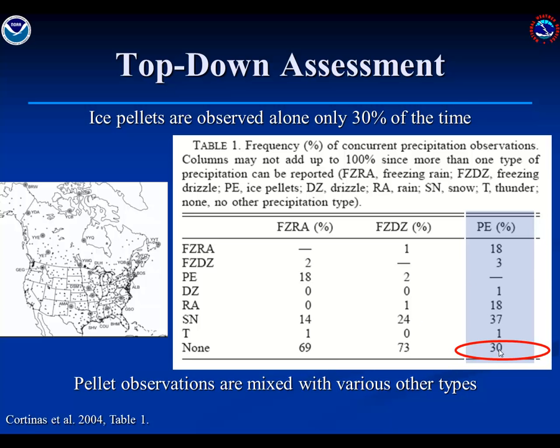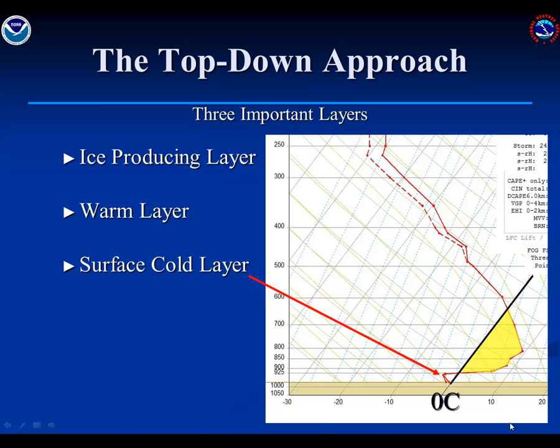Cortina published a paper in 2004 that just looked at surface observations. And so only 30% of the time are ice pellets observed on their own. They're mainly mixed with snow, and they're also mixed with other types that you see here. So forecasting just ice pellets is a fairly rare occurrence.